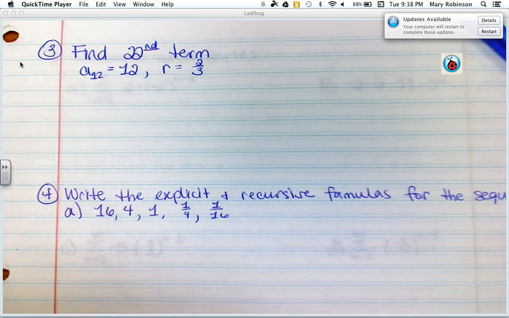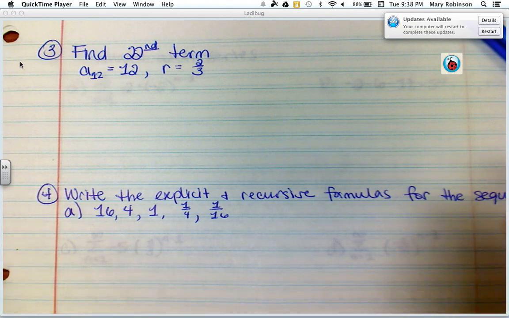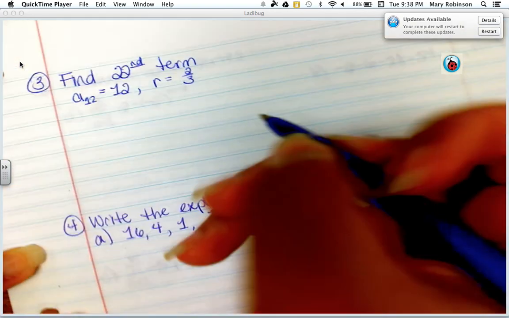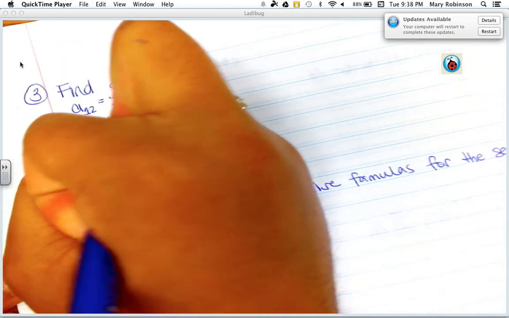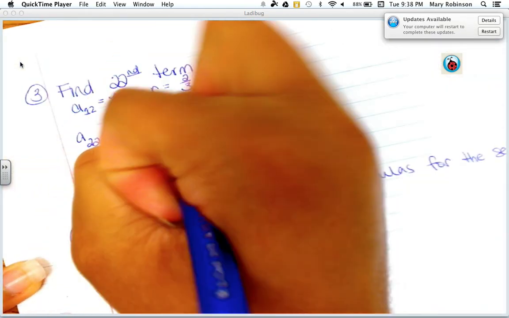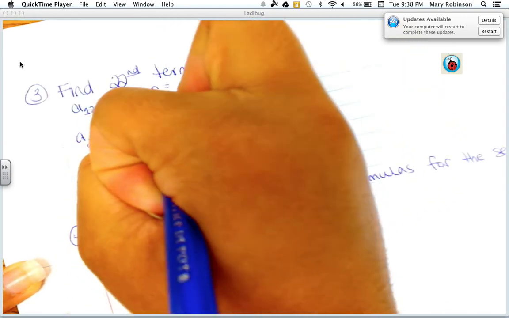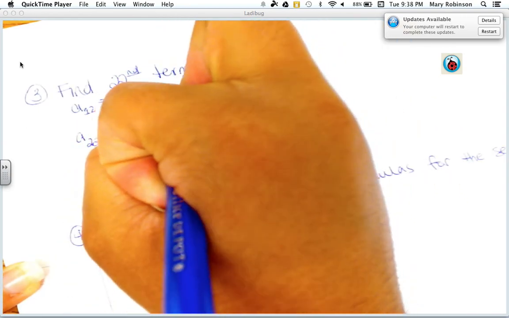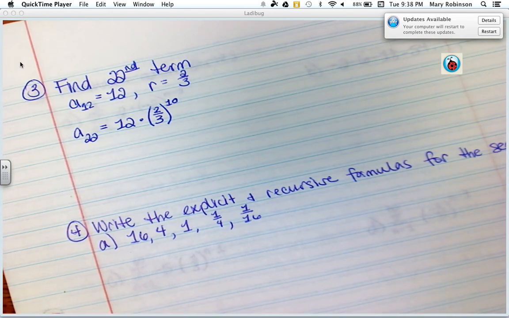So we're going to have to multiply by r 10 more times to get to the 22nd term. So a sub 22 is going to equal 12, your 12th term, times 2/3, your r value, and 2/3 is going to be raised to the 10th power because 22 is 10 more terms beyond the 12th term.